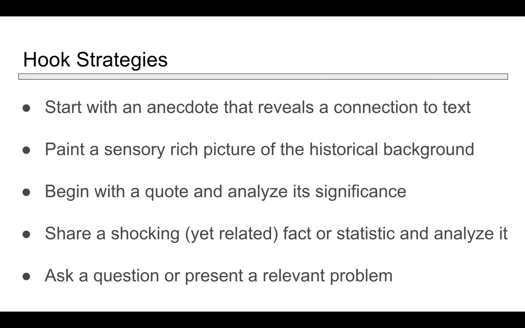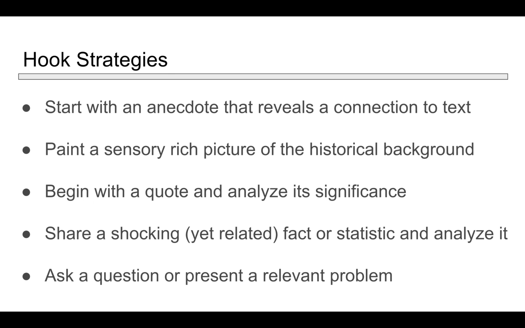The hook strategies we're going to talk about in detail are starting with an anecdote or a story that reveals a connection you have to the text or the topic that you're writing about, and painting a picture with really rich sensory details of historical background. And I use the word paint very purposefully there, right? I want this to be a really dynamic picture you're creating in the mind of your reader. Third, you're going to begin with a quote and analyze the significance of the quote and how it connects to the topic you're writing about.